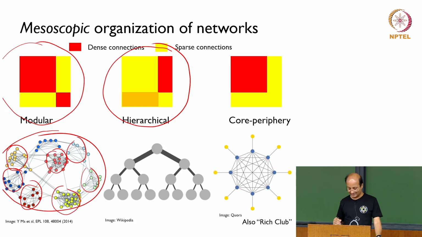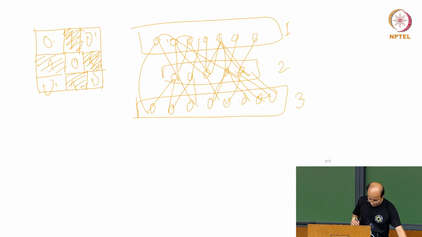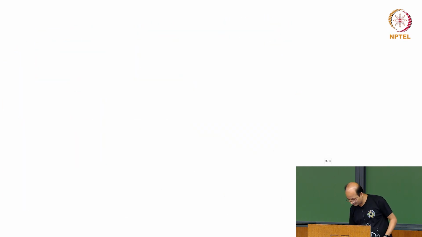The third architecture that has this meso level property is the core periphery structure. So what is core periphery? Again, let me show you.